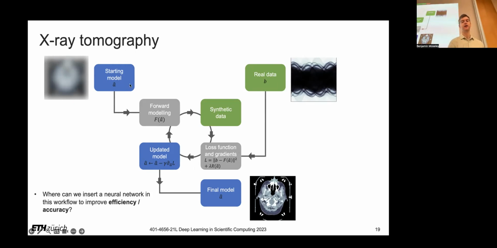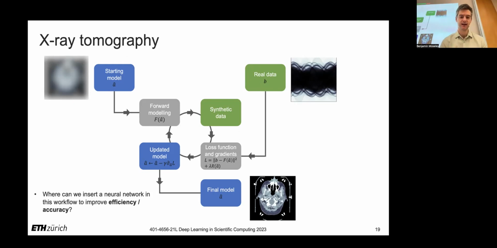There are actually quite a few, I would call more naive methods, where they just learn the direct mapping from this to this without any of this algorithm in the middle. You just have a neural network which takes B and gives you a guess of A. So we could have that at the start of our workflow. We could say a neural network takes B, gives us a starting model, and then maybe we'll improve that iteratively afterwards. Yeah, so it's a really good idea.